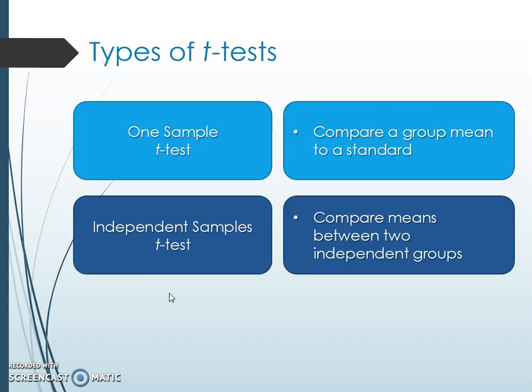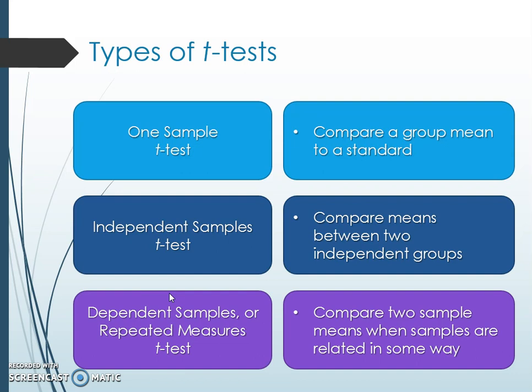The second one, which is what the focus of this particular component of the video series is, the independent samples t-test. And so with the independent samples t-test, you're going to be comparing the means between two independent groups. So two groups that don't overlap, don't have anything to do with each other. We're looking at their means on some dependent variable.